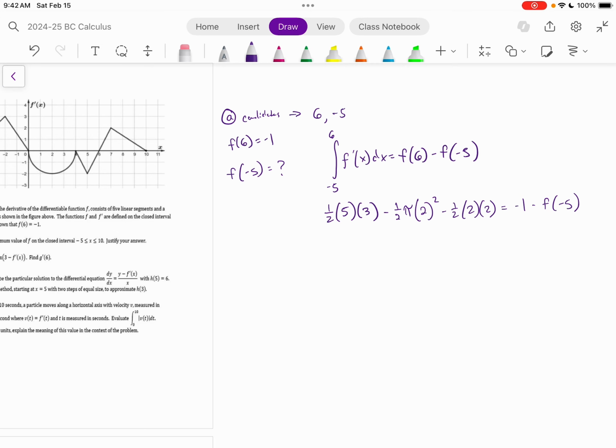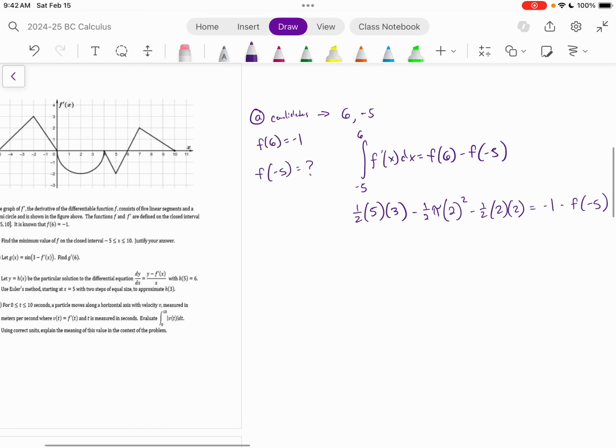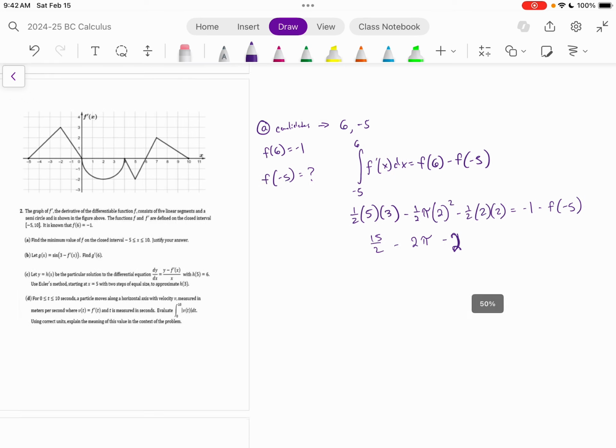And so I guess really the question is, does the positive area outweigh the negative area? So is this 15 halves here bigger than 2 pi and 1? 2 pi is 6.28. That's 8.28.